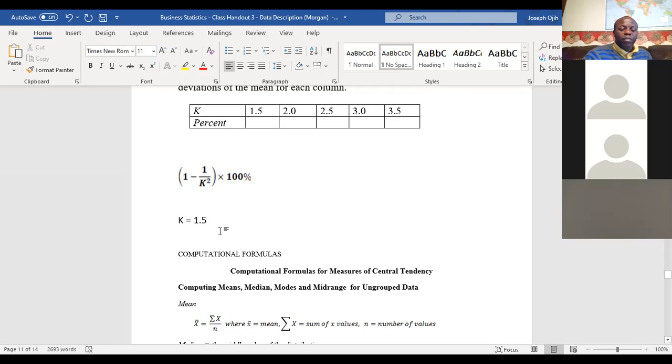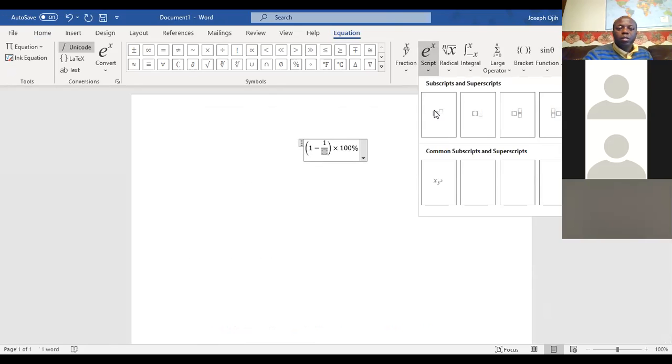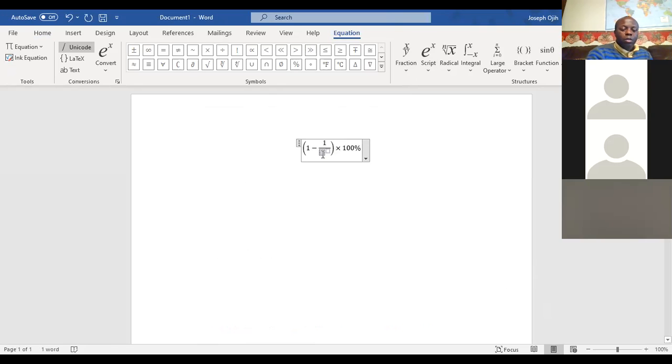We plug 1.5 in: K of 1.5 is 1 minus 1 over 1.5 squared, times 100%.